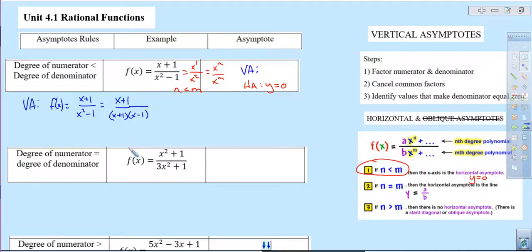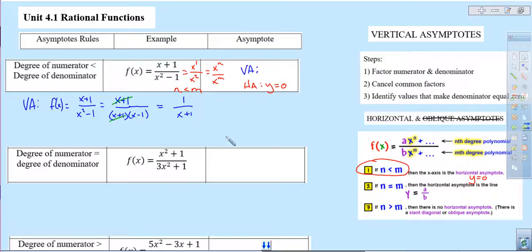And so in that case, we say to ourselves, okay, we've got this guy factored. We see clearly that we have an x plus 1 on top and on the bottom, so we cross those guys off. What we're really left with now is 1 over x plus 1.